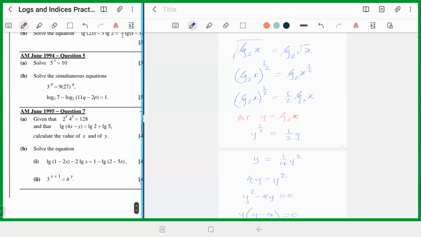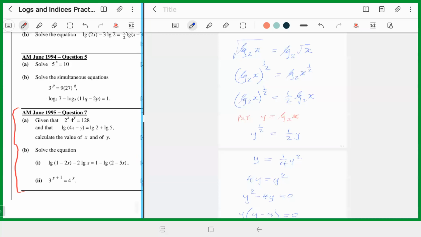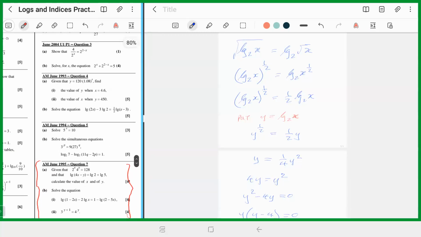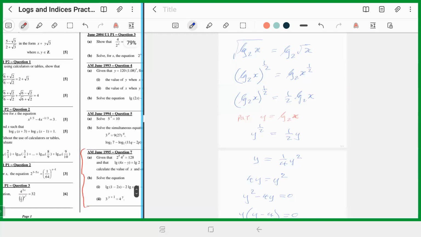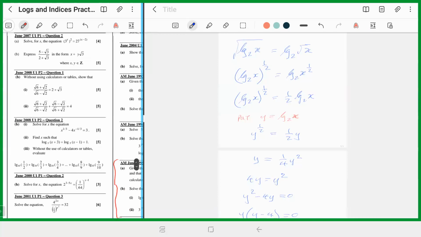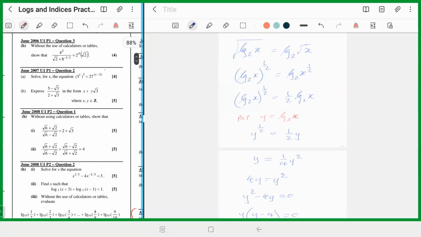We'll jump to the past papers. Let me look at that one. We're going to see some nice questions on some past papers. I want to look at some past papers.